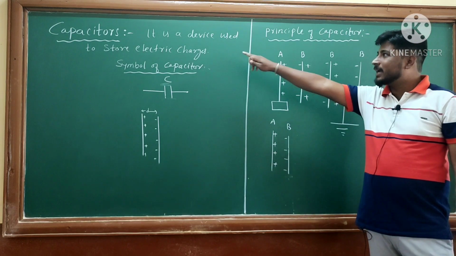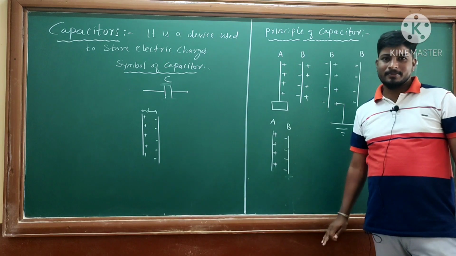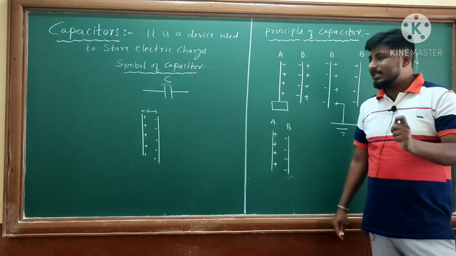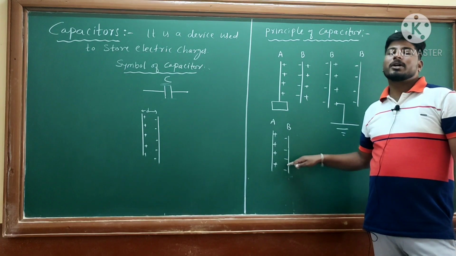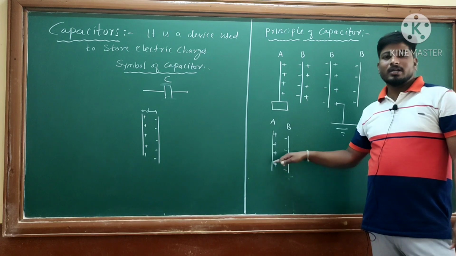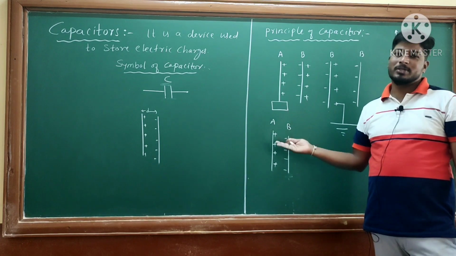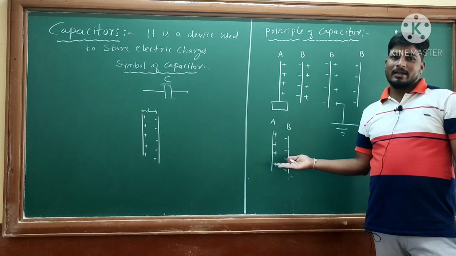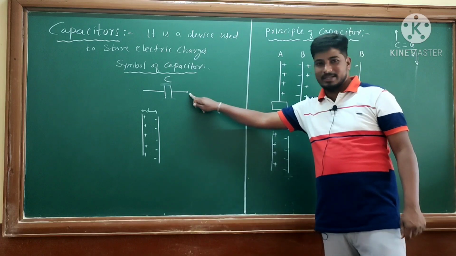As the name says, it is a device used to store the electric charges. So how can we store the electric charges? By decreasing the potential of the other conductor, we can increase the capacitance of this conductor. Alright. So this is the symbol for the capacitor.